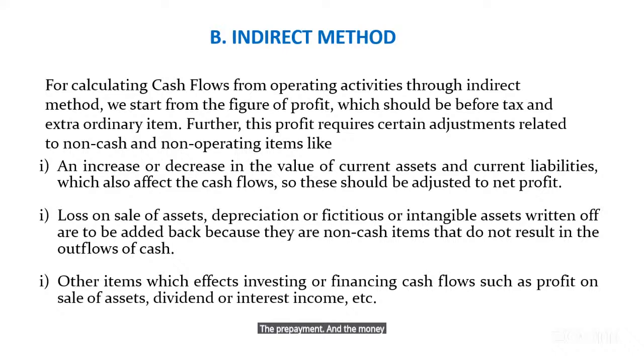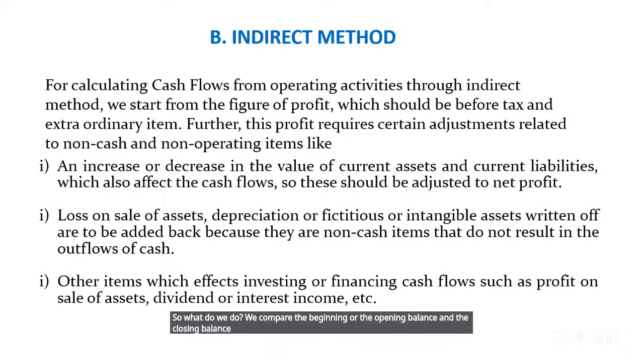This cash at hand and cash at bank. These are examples of current asset. So what do we do? We compare the beginning or the opening balance and the closing balance. Is there an increase? If it is, we'll make adjustment. Is there a decrease? If it is, we'll make adjustment.